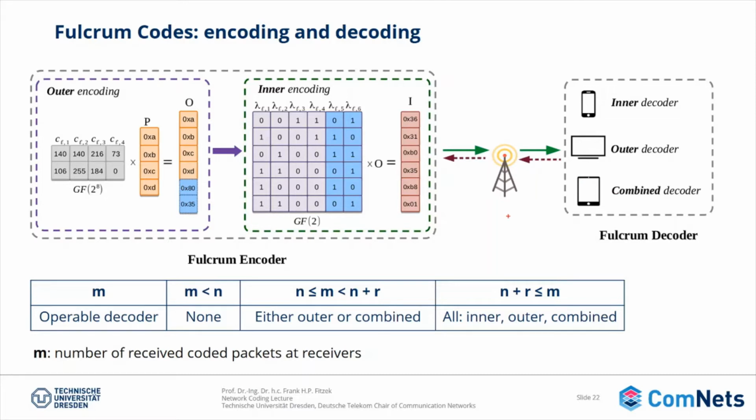However, you have to remember that the inner decoder is using binary operation, so it needs to receive at least n plus r linearly independent packets to decode a generation successfully, as shown in the table here. On the other hand, the outer and combined decoders need only n linearly independent coded packets to decode a generation. And of course, if the number of coded packets received is less than n, the receiver cannot recover the original packets in that generation.